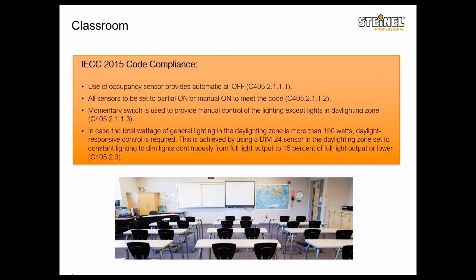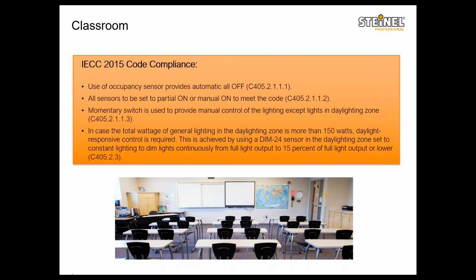Then again, depending on the preference, that sensor can be set to partial on or manual on to meet the code requirements. We would have momentary switches, at least one by the door and sometimes one by the teacher's desk, by the board, to override the lights and dim them up or down and things like that.